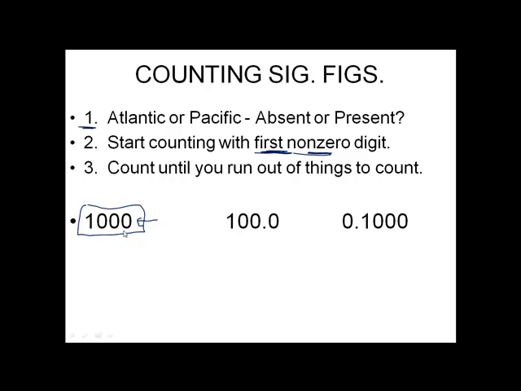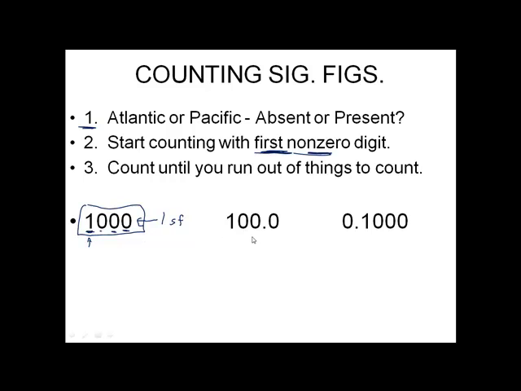All right, our first digit is a 0. That is not a non-zero digit, so we're going to skip it. Skip it, skip it. This one right here, we're going to start counting with this one until we run out of things to count. Well, we just counted that 1. So for this first number, 1,000, we have 1 sig fig. Only that 1 out front there is significant.